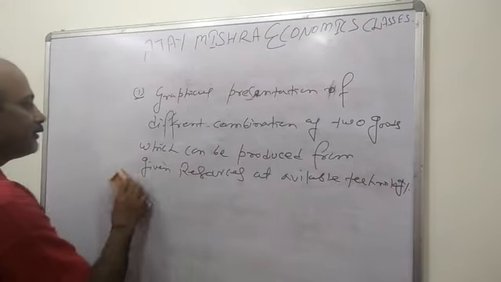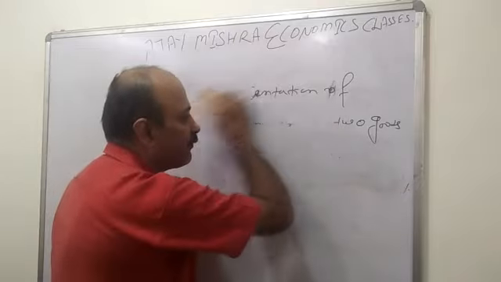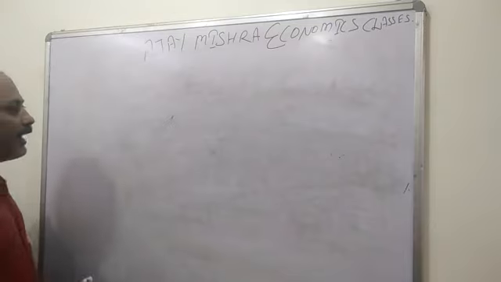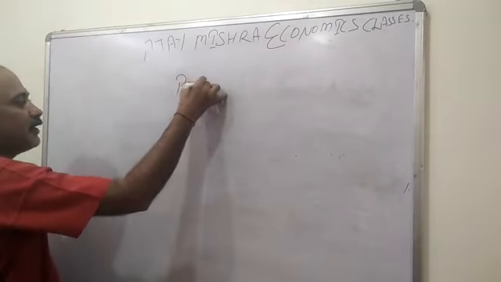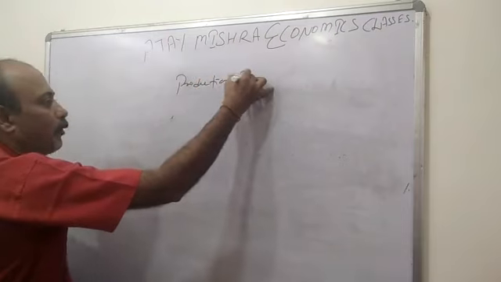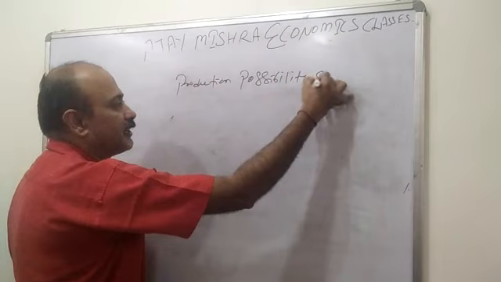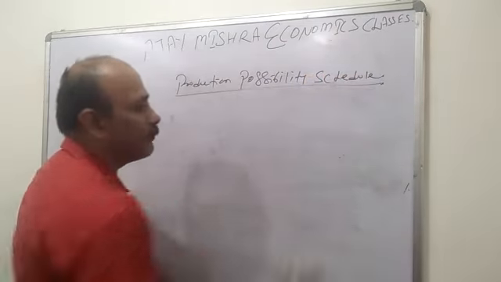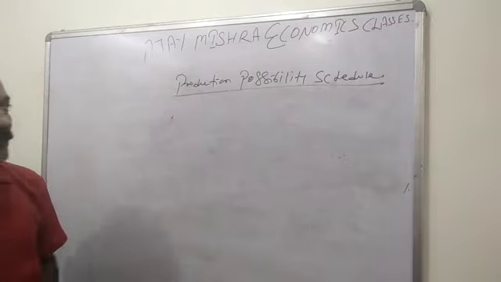Now, the second thing, each and every statement must be supported by a schedule. So you can say the production possibility schedule. You have to understand about the production possibility schedule.